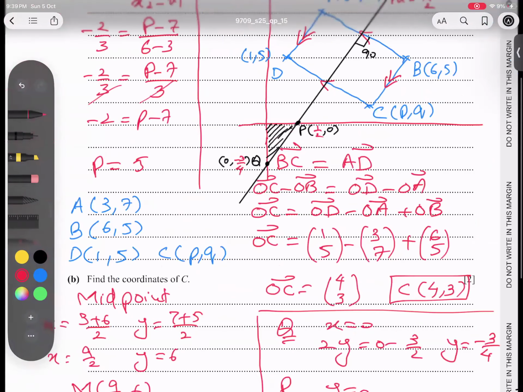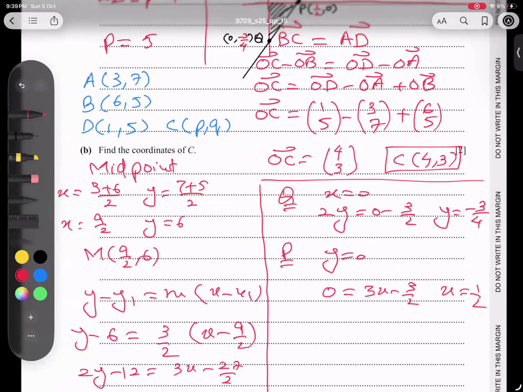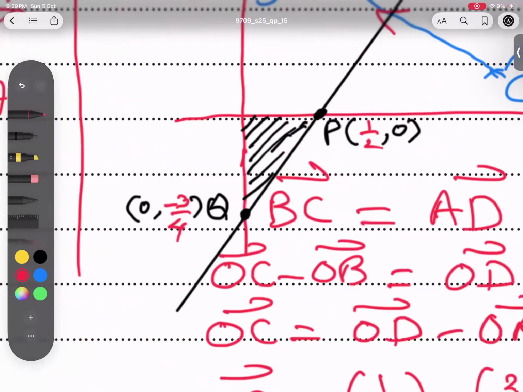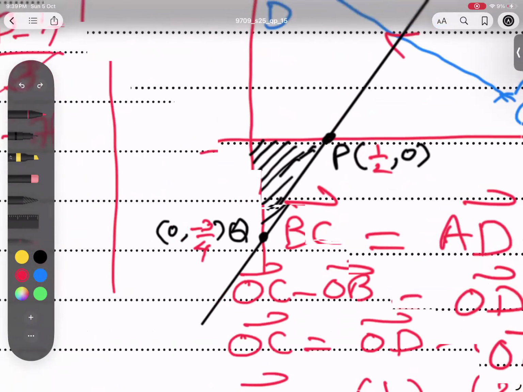Now, what is the planning here? Basically, this gap is a half. I repeat my words: this distance is 1 over 2. So in this triangle, this is 1 over 2, and this distance is 3 by 4. Don't use a negative sign.